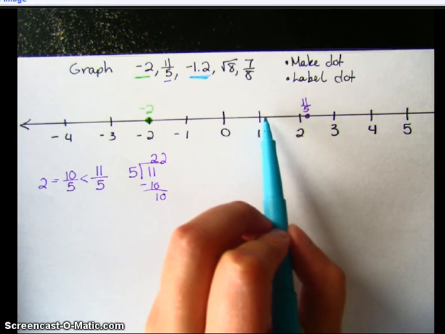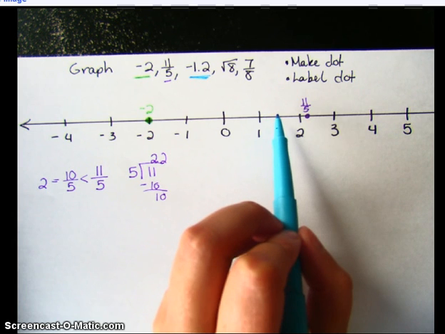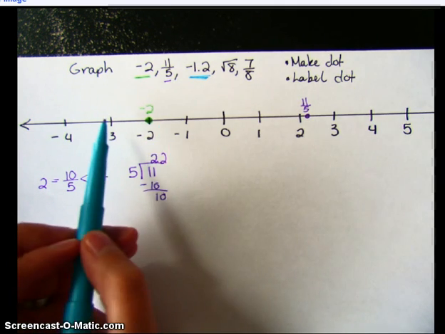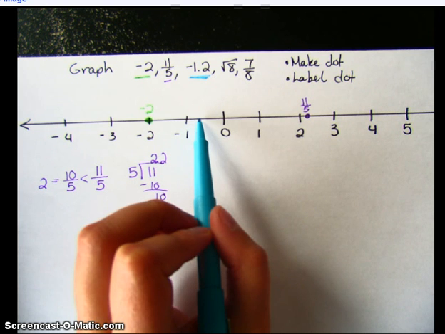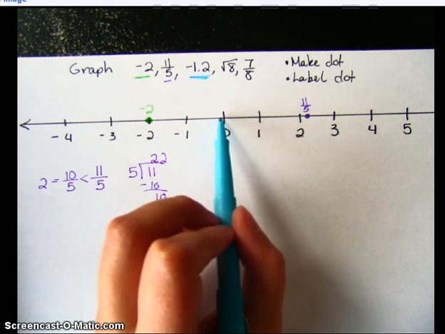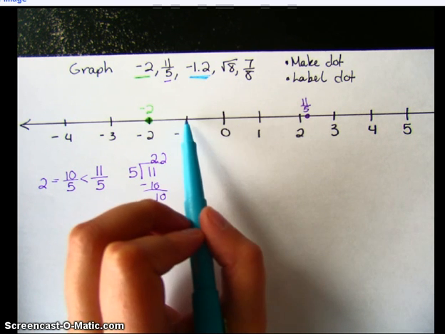If we were looking here, 1.2 would be right here. But remember that it's reflected when you go to the negatives. -1.2 is not right here, and in fact this is a fraction. Here's 1/2.